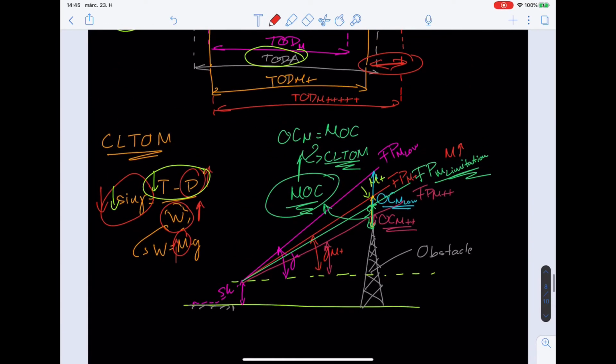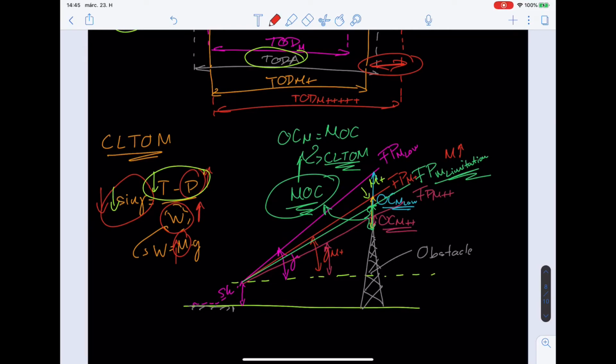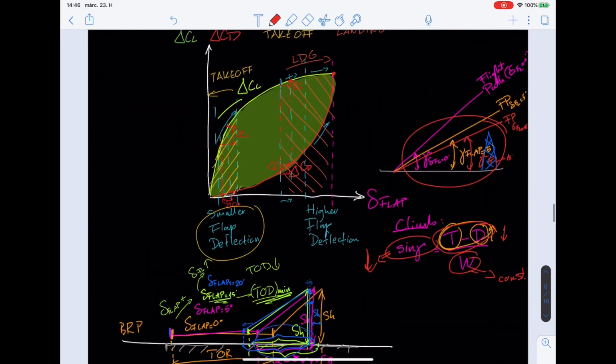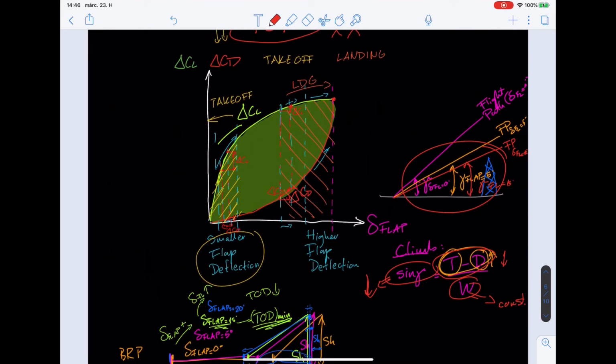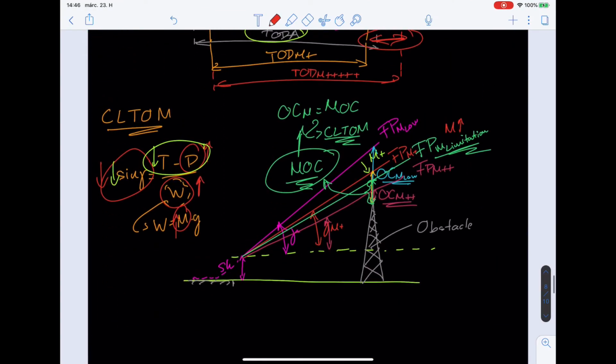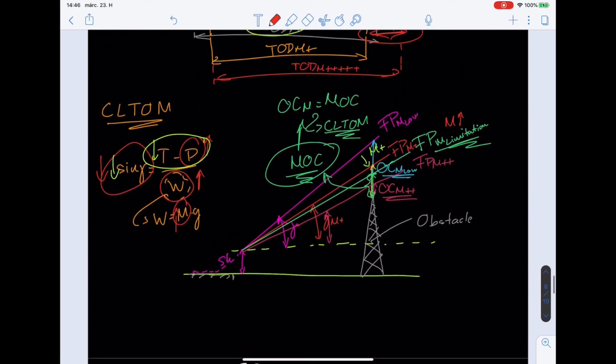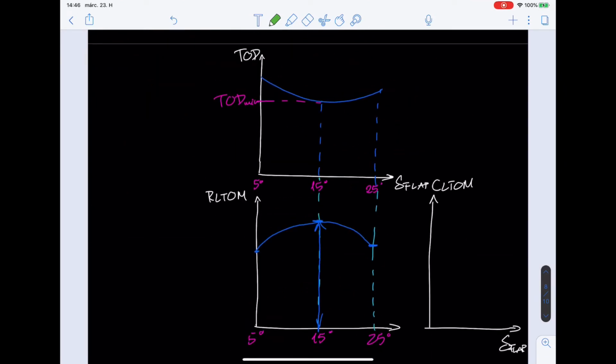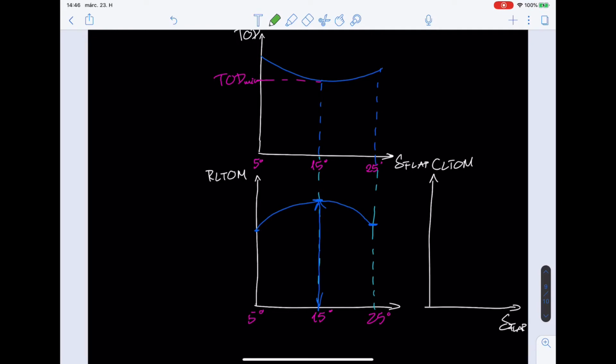We said in this case that anytime you add flaps, or anytime you add mass, your flight path is getting shallower. So anytime you add flaps, your flight path is getting shallower. And any addition of mass is basically also going to shallow out your flight path. So if the value of the mass is fixed, what that's going to mean is that the limited takeoff mass is going to be largest when the flap deflection is basically 0.